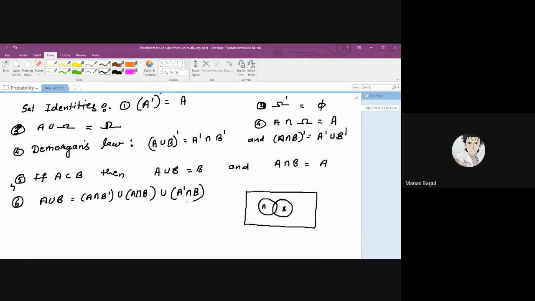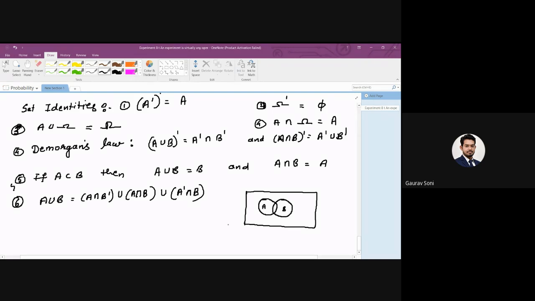When you take A intersection B complement, you will get just this part. When you take A complement intersection B, you will just get this part. And then you have A intersection B, which is this. So all three don't have any intersection. So we have written A union B as the union of mutually exclusive events.